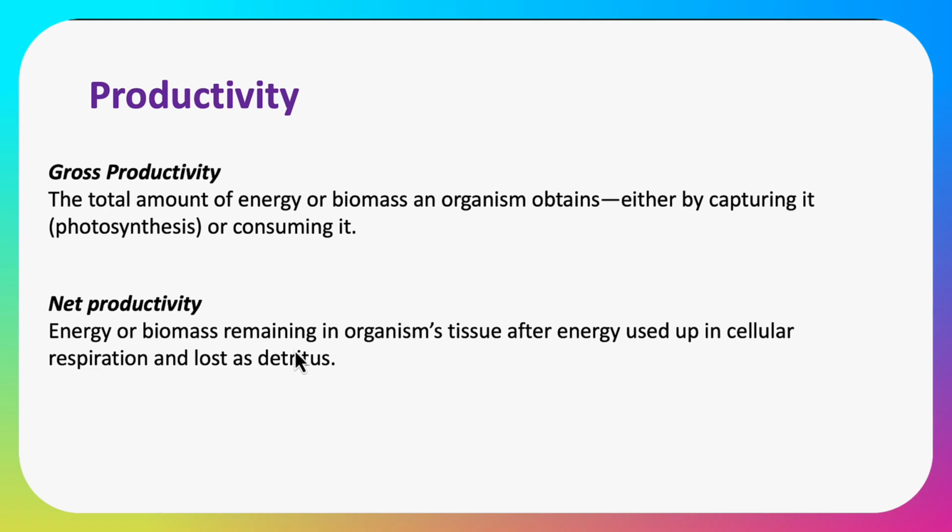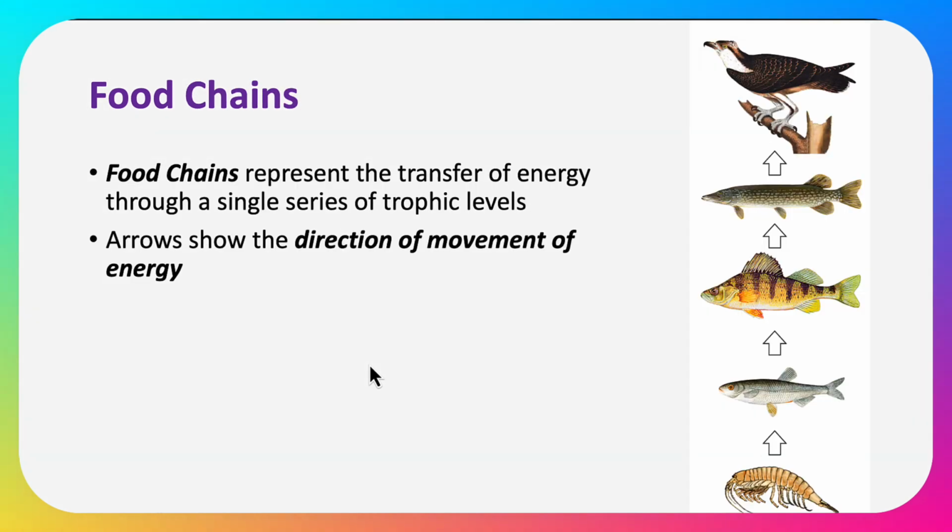The energy or biomass remaining in an organism's tissue, so whether it's plant tissue or animal tissue, that's the energy stored in the tissue that will then pass on to the next trophic level if it's consumed. So in an organism's tissue, after energy used up in cellular respiration and lost as detritus. So that's the definitions then.